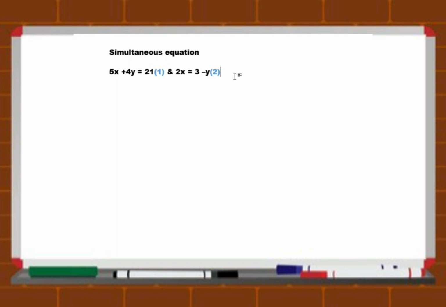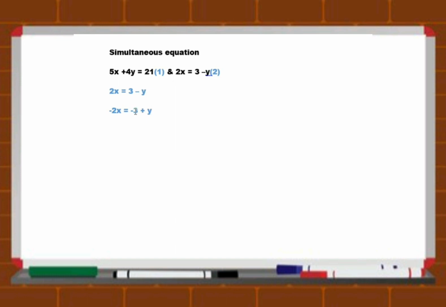So you're going to take this equation, 2x equals 3 minus y, and we're going to make y the subject of the equation, right? So how are we going to do it? First of all, we're going to divide all of these terms by -1. So it's going to leave you with minus 2x equals minus 3 plus y. And then you're going to isolate the y.